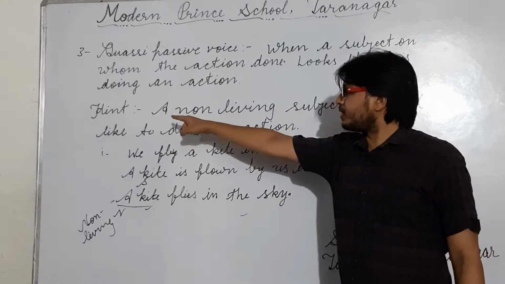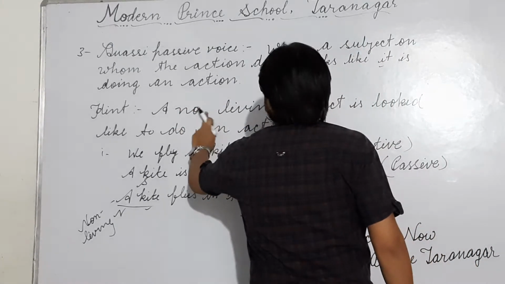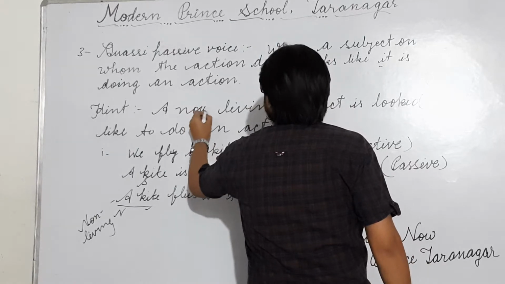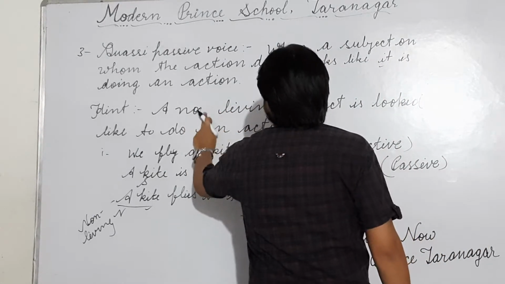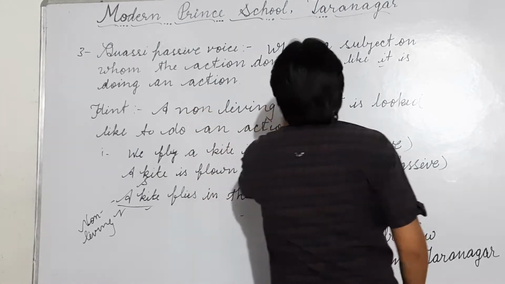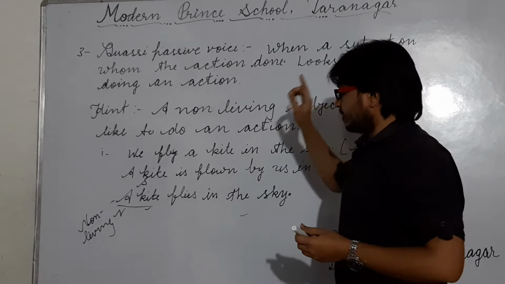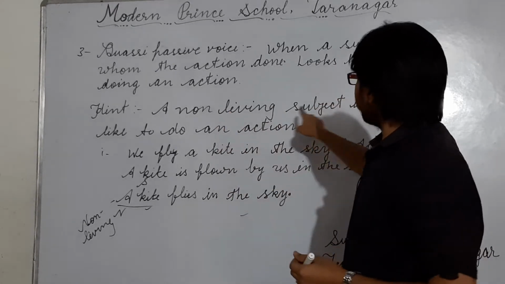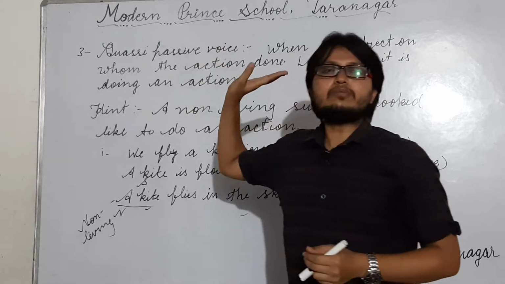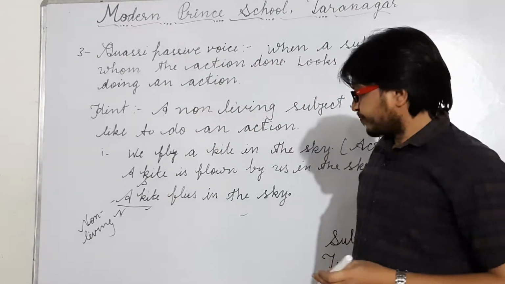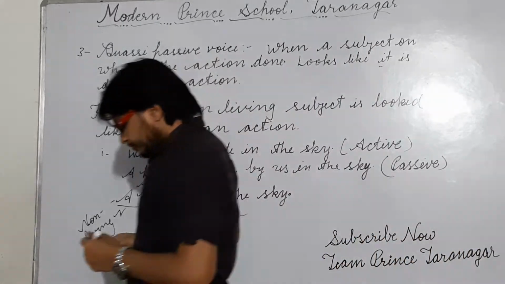Remember the hint also: a noun, a non-living subject, looks like it is doing an action. The sentence in which a non-living subject looks like it is doing an action is called quasi-passive voice. Okay.